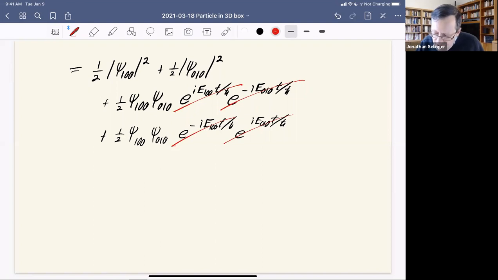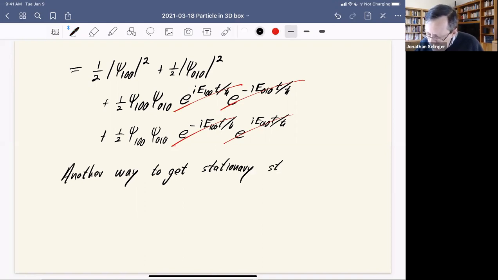So this is now another way to get a stationary state. We can have a stationary state not just from one of our original separable solutions that we found.